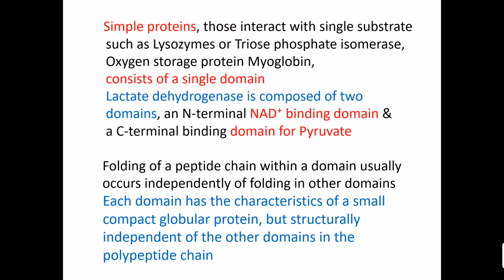N-terminal is for NAD binding and the C-terminal is a pyruvate binding domain. And the folding of a peptide chain forming a domain occurs independently of folding in other domains. So each domain has the characteristics of a small, compact globular protein, but structurally independent.